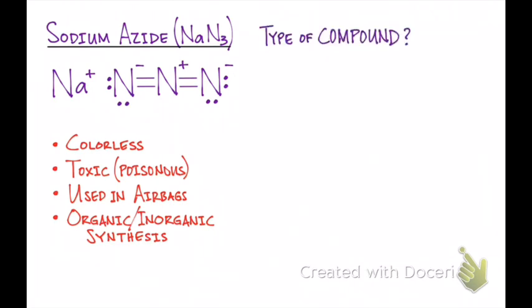So what type of compound is sodium azide? Well, you have to analyze this compound. You see that you have a metal here, and clearly it's an ion, and the azide ion right here, with negative and positive charges. So this compound is an ionic type of compound. What about the type of chemical bond?